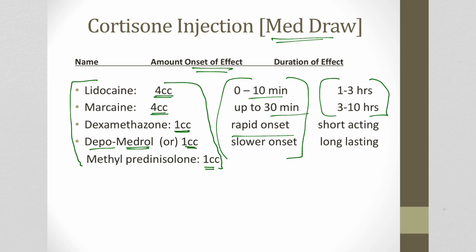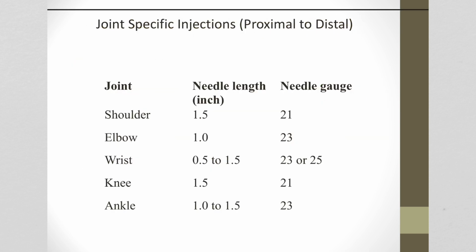The ideal would be, if we have a direct area that can be injected, to avoid the systemic effect of the oral corticosteroids, because they have such a systemic effect and interact so high on that arachidonic acid pathway. So for joint-specific injections, we're looking from shoulder all the way down to ankle.